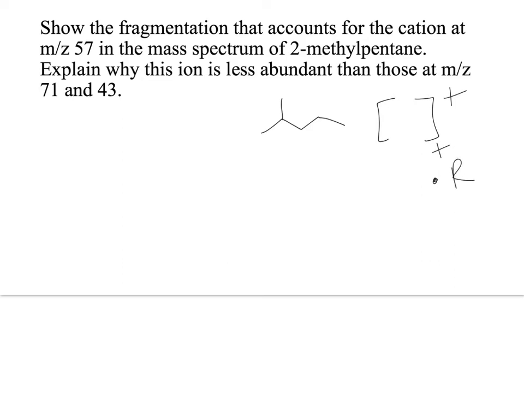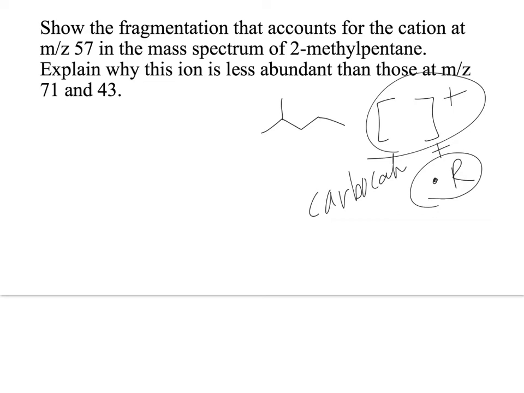These free radicals are not detected in the detector, but the carbocations are. So you're going to get a carbocation, and the carbocation is the one with the mass to charge ratio.